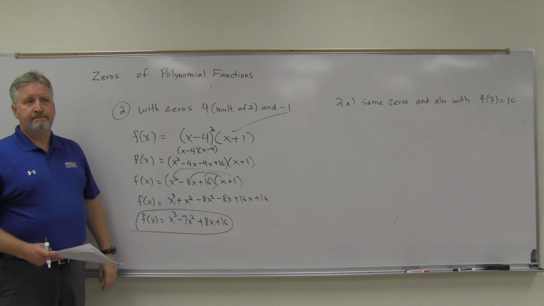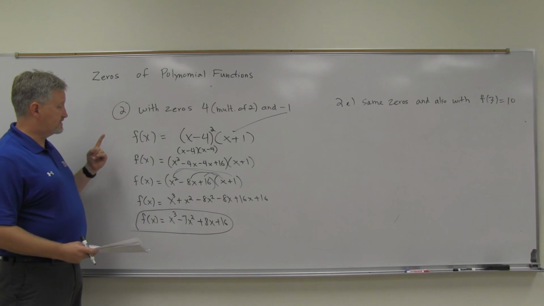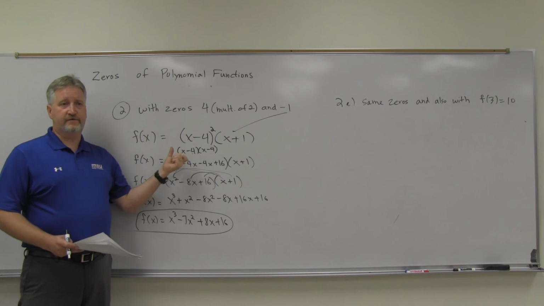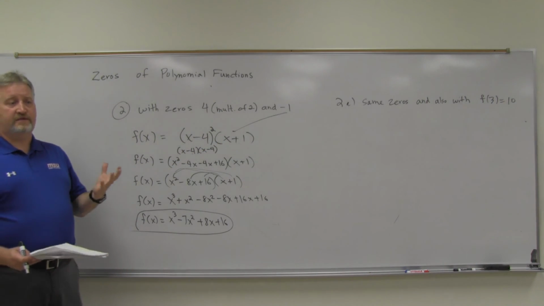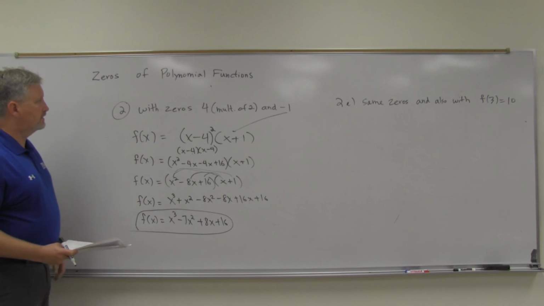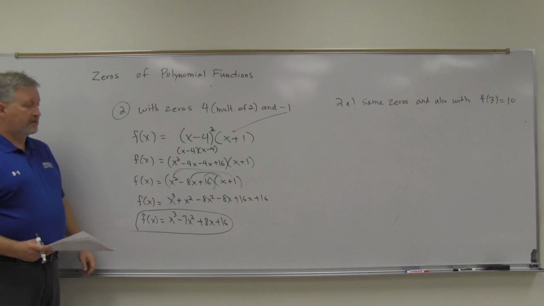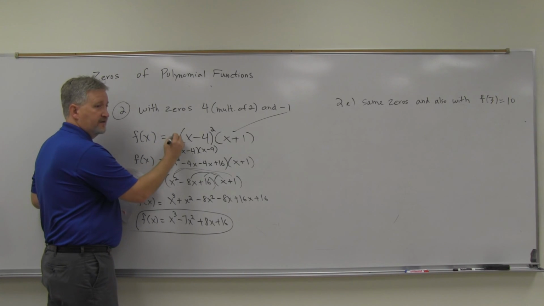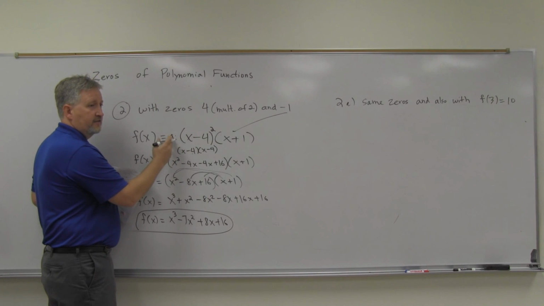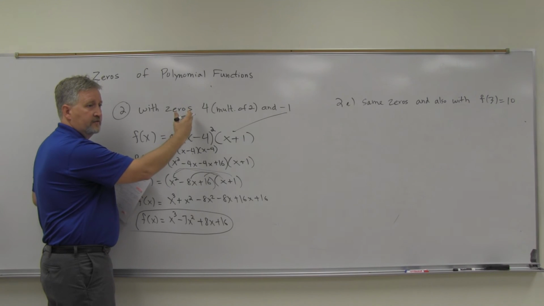That's just one possibility because as long as I have those two factors, and that one squared, we've got this thing with those zeros. However, couldn't I add right here, go back to this, couldn't I add any number I wanted right there? I could add a 3 or a 2 or a 5. It would still have those zeros, wouldn't it?